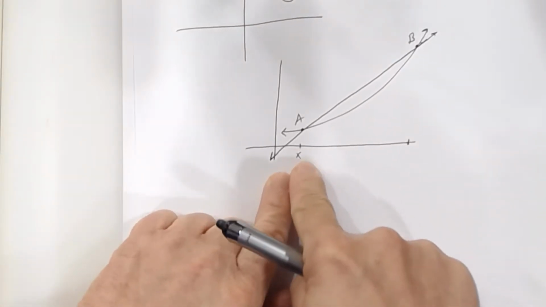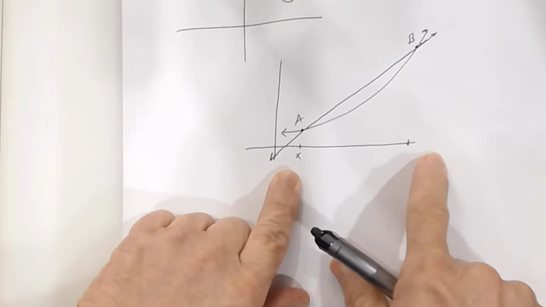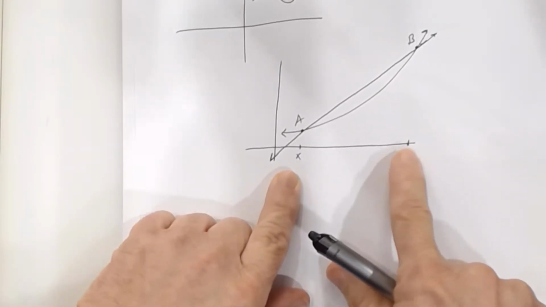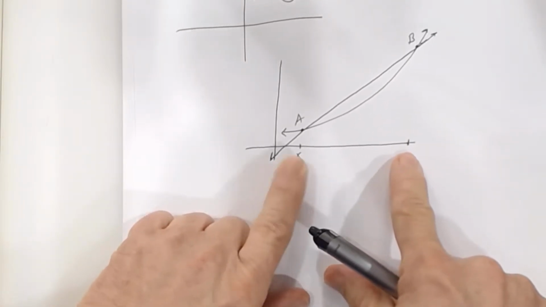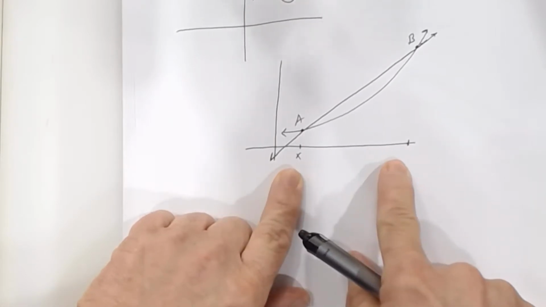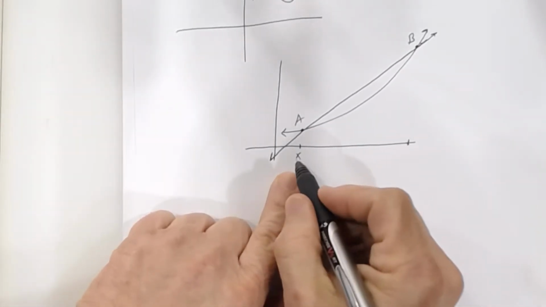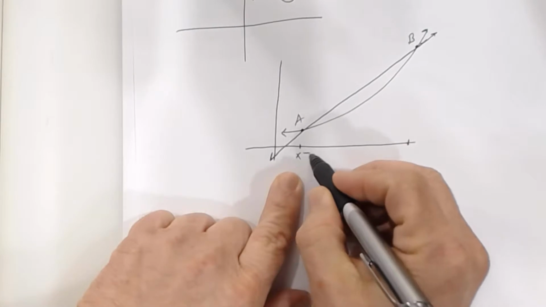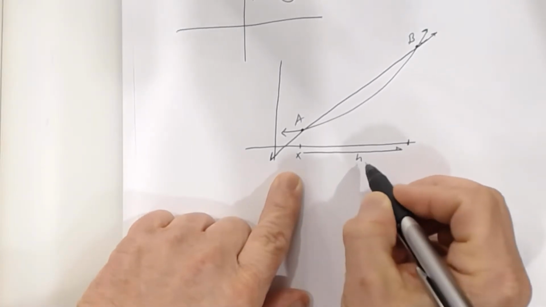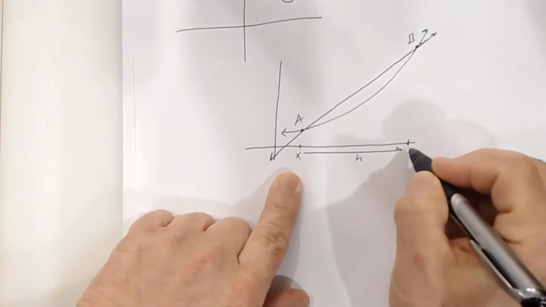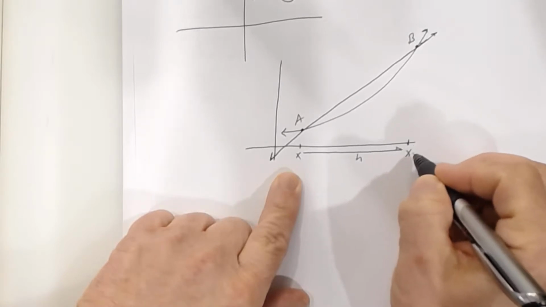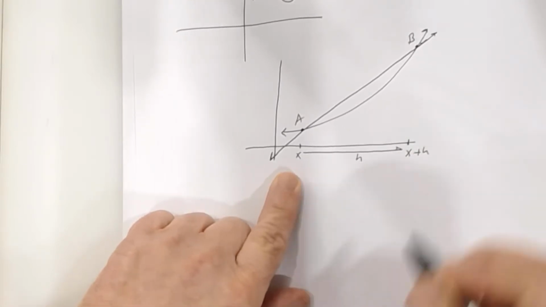If this is 1 and this is 7, then I can say the 7 is 1 plus what? 6. All right. If this is x and this distance here is h, then this x coordinate is x plus h. Very good.